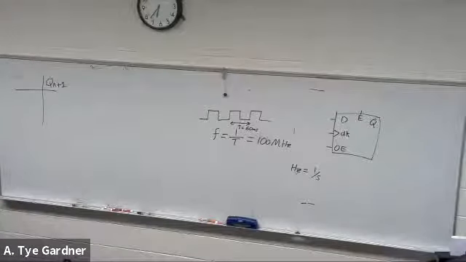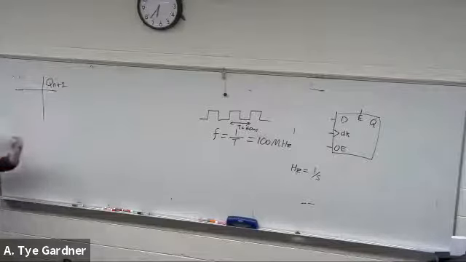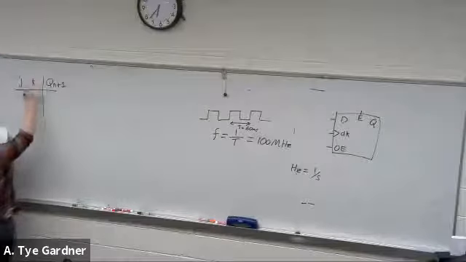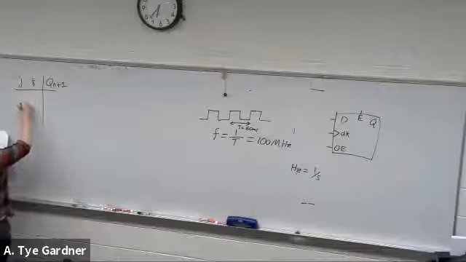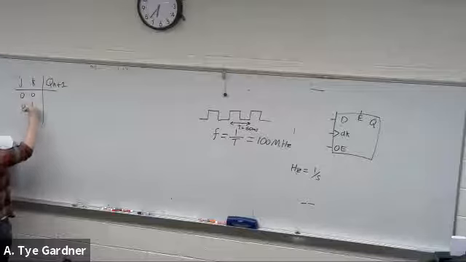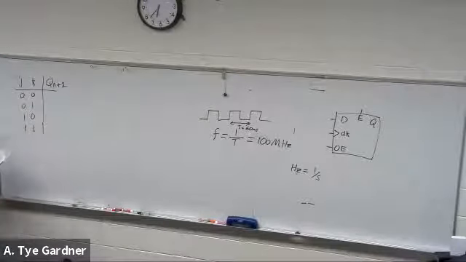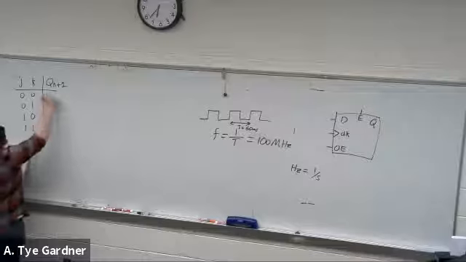Where it's Qn plus 1. What that means is the next clock is, rather than what's now, what is the next thing that happens based on our inputs, J and K. Well, its truth table is as follows.